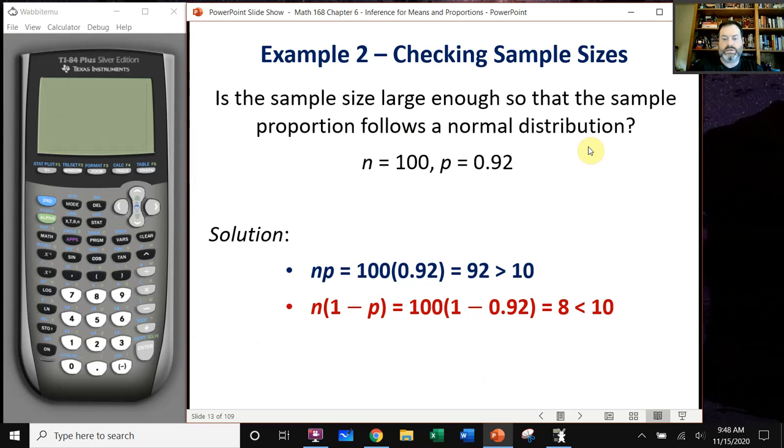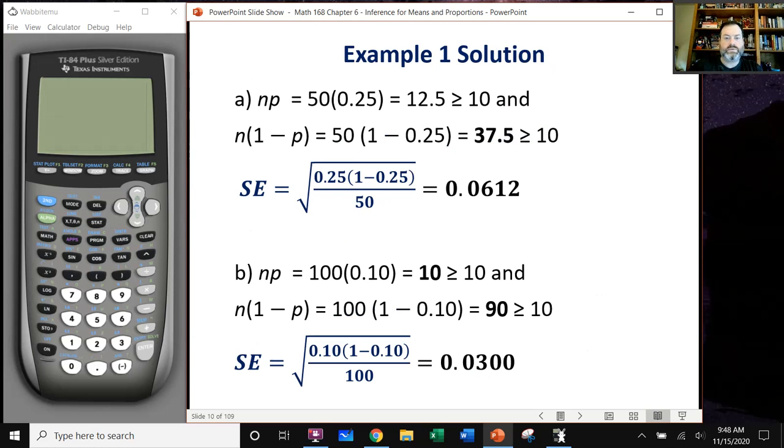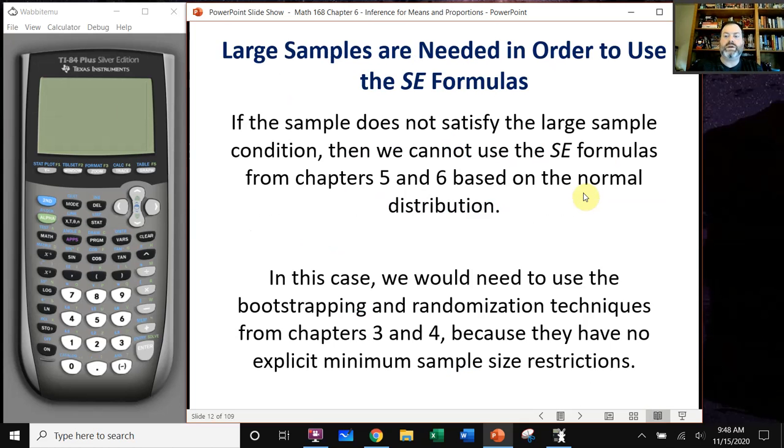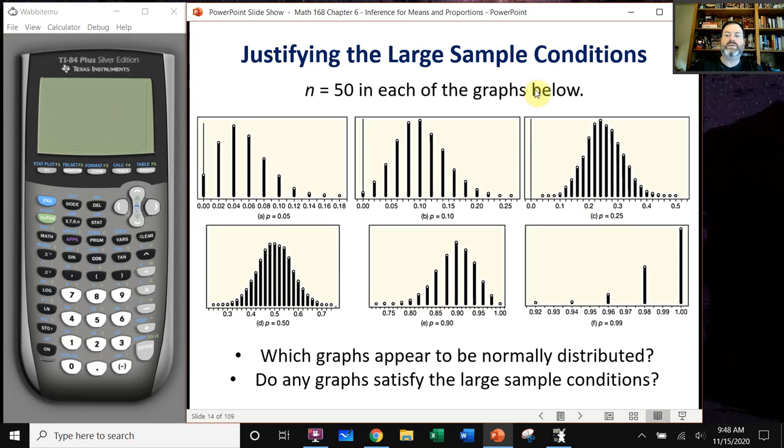It was this one right here, 50 times 0.25. It was the first one we did. So the first one we did is actually this graph. When the large sample conditions are satisfied, we get a nice symmetric bell-shaped distribution, and it turns out we can replace that with a normal distribution.